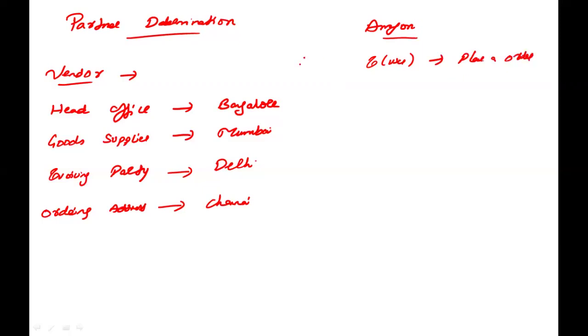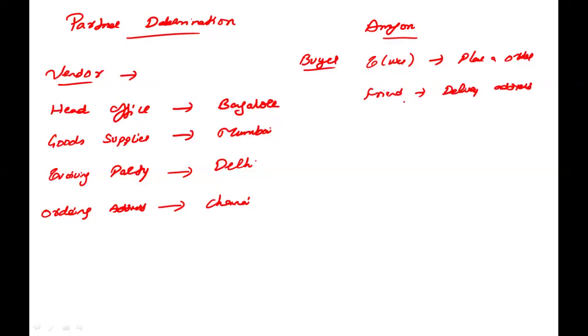I'll place an order, and I am the buyer. I'm placing an order to Amazon. I'm telling them I don't want these goods at my place. I will ask to deliver to another address, my friend's address. So my friend will receive it. So this is my delivery address.